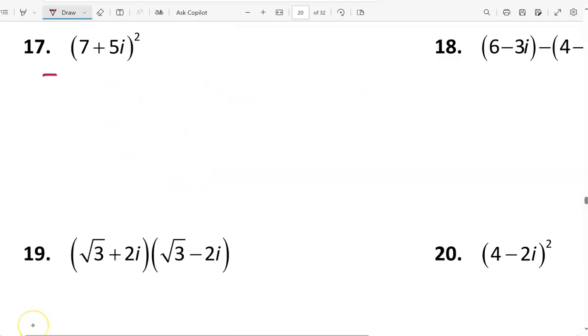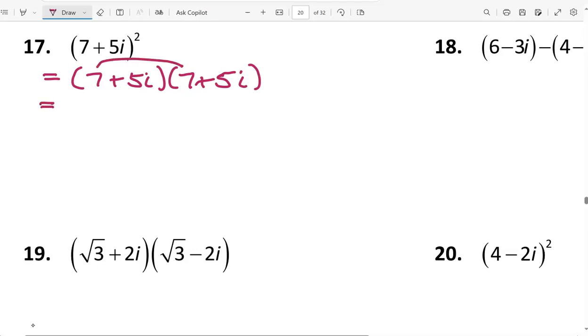In 17, we're squaring a binomial, which means that we are multiplying it by itself. So if it helps, you can write it out as 7 plus 5i times 7 plus 5i, and then use the FOIL method. 7 times 7 is 49. 7 times 5i is 35i. 5i times 7 is also 35i.